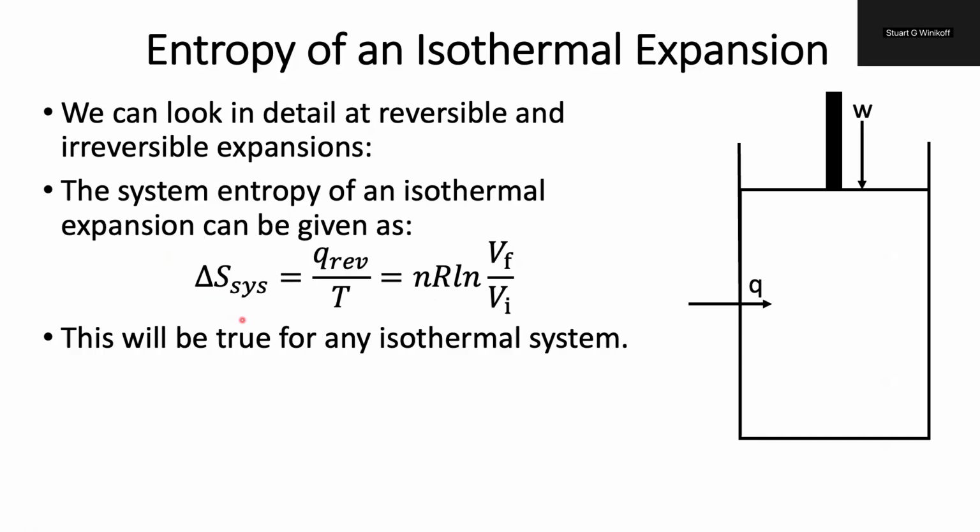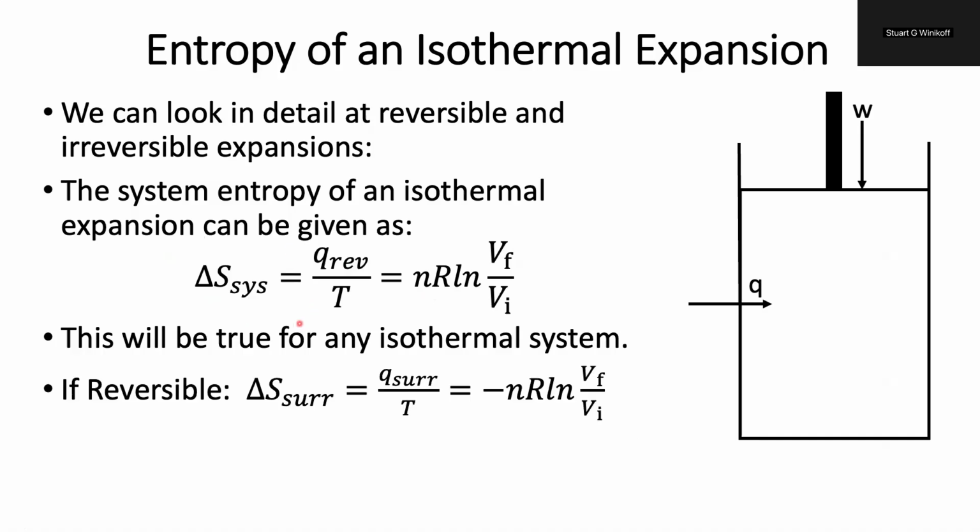Now the problem is this tells me about how much entropy I have in the system. But as you've noticed, what we often care about is the entropy of the universe because we want to determine the favorability of a system. So for that, we need the entropy of the surroundings. Well, it turns out the easiest way to get that is going to be under reversible conditions because the entropy of the surroundings is based on the heat of the surroundings.